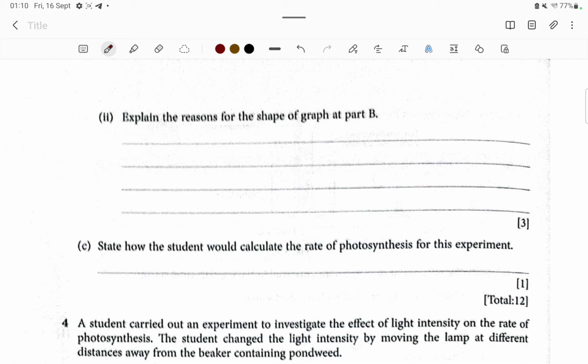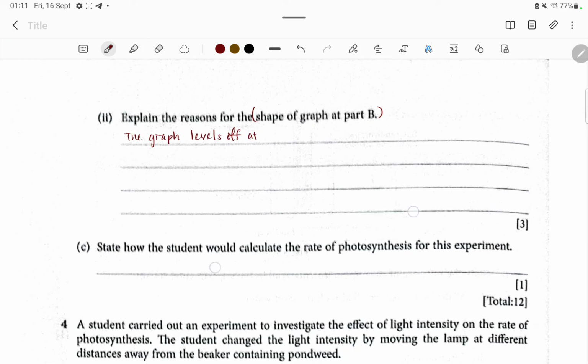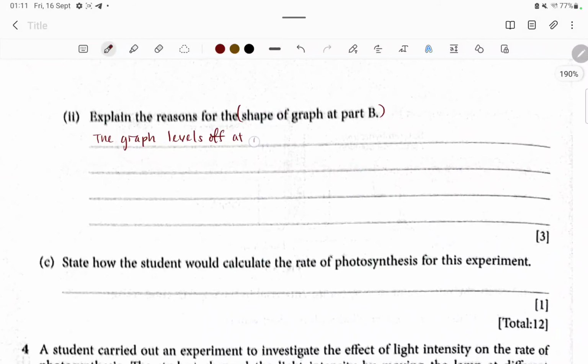So this one, the shape of graph, you have to explain first how the shape of the graph is at part B. So the graph levels off means stop increasing lah at concentration of 0.8%.